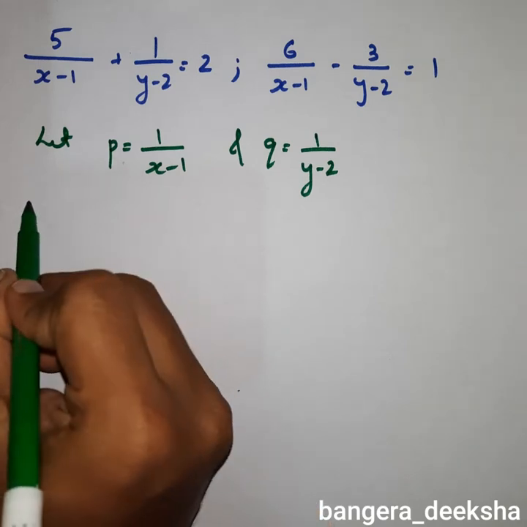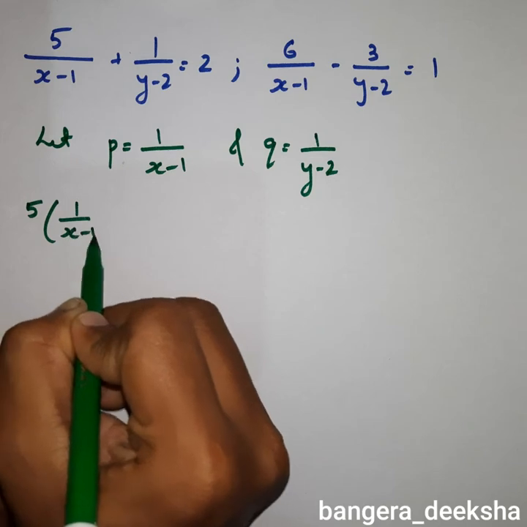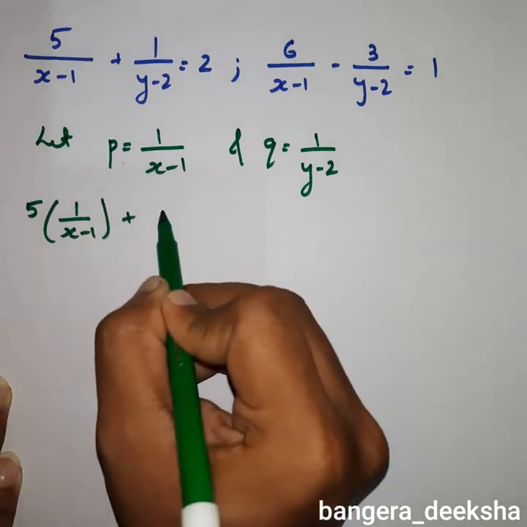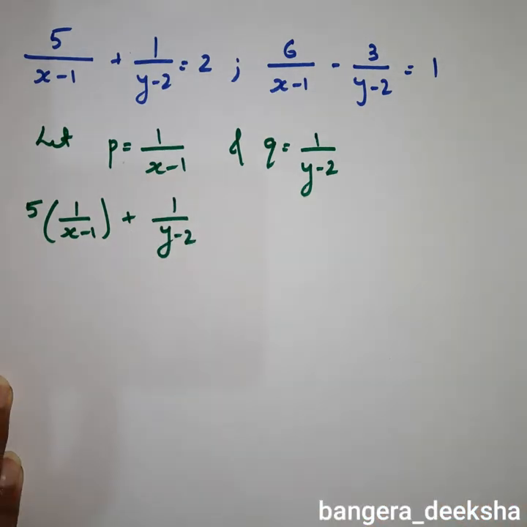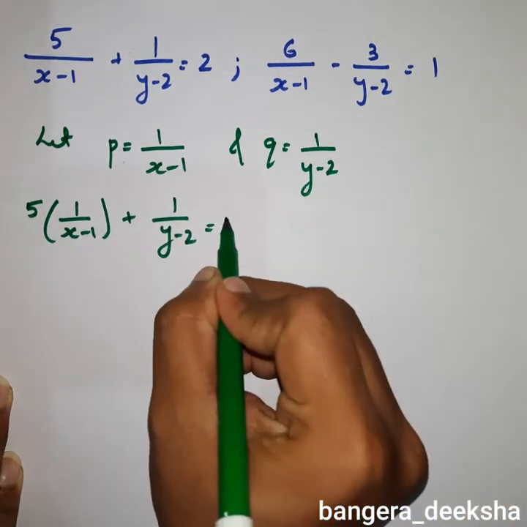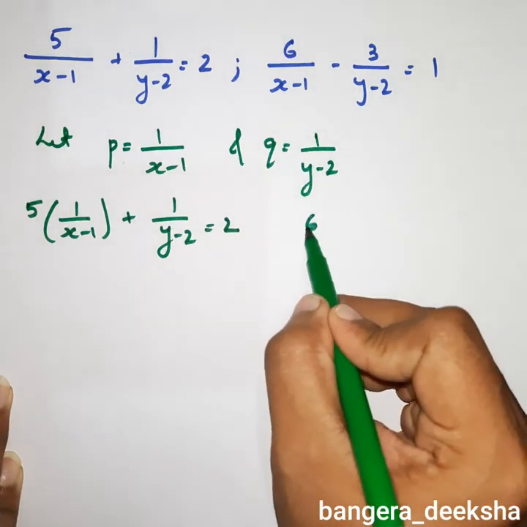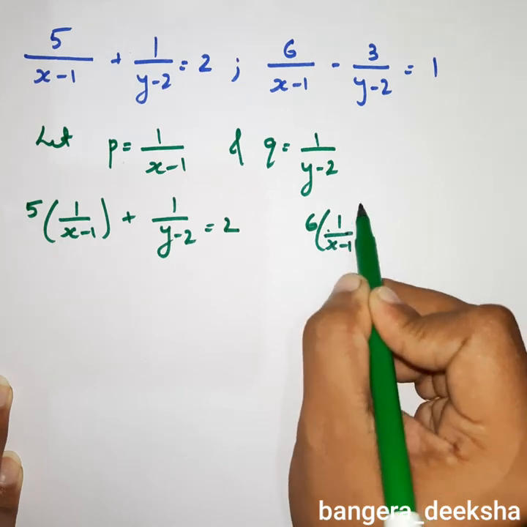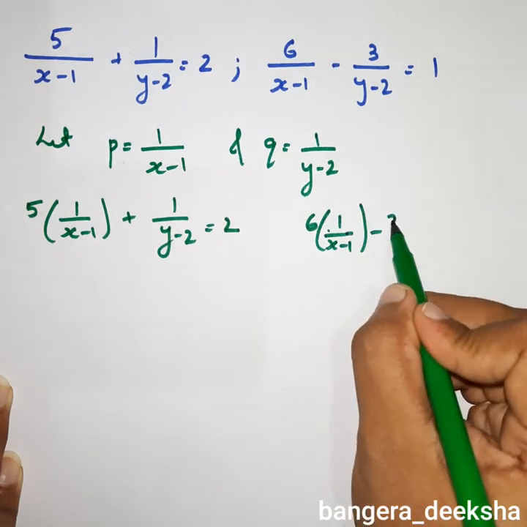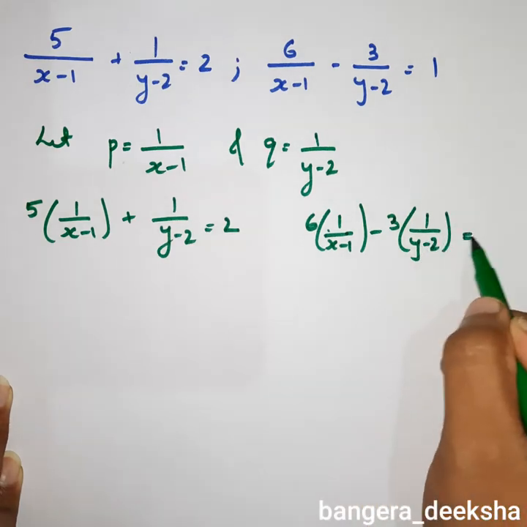So what I'll do is, here 5 into 1 divided by x minus 1 plus 1 divided by y minus 2 is equal to 2. Similarly, our other equation will make it 6 into 1 by x minus 1 minus 3 into 1 divided by y minus 2 is equal to 1.